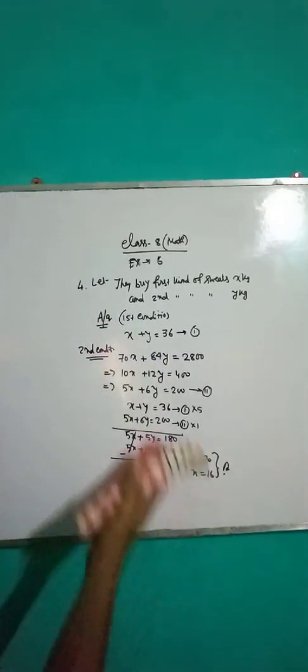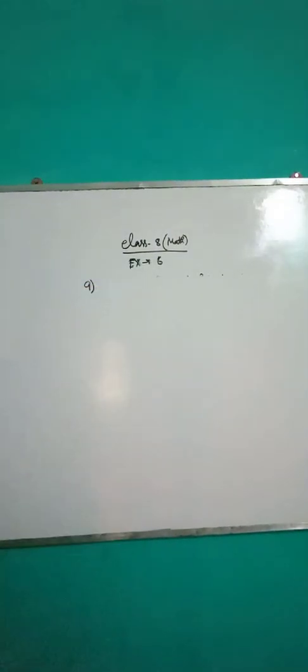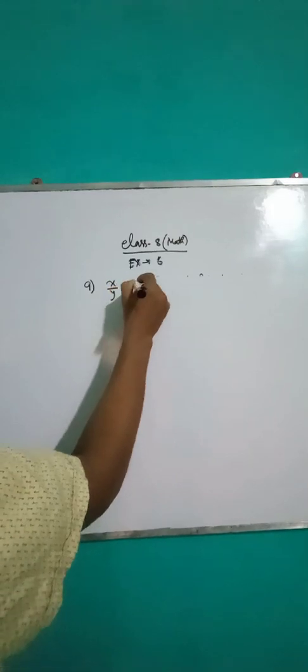The last one I will show to you. Number 9. The ratio of the two numbers is 2:3. Okay. If I think the numbers will be x and y, 2:3.